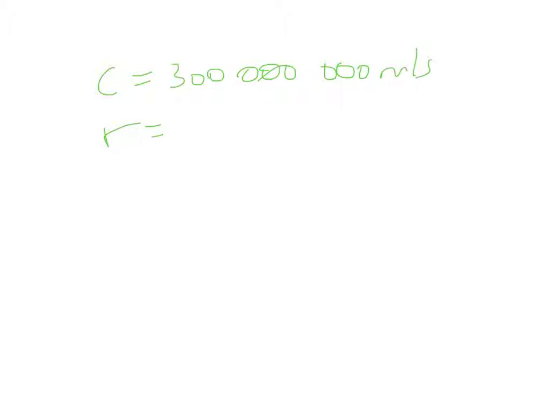But I'll just do the quick calculation. Guess what the radius of Earth happens to be? 6.38 times 10 to the power of 8 meters. But that's the radius. Well, how do you find the diameter of Earth? You multiply that by 2, right? So watch this. C represents the speed of light.